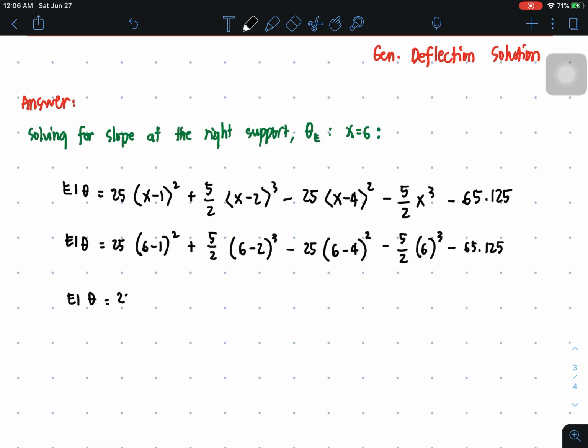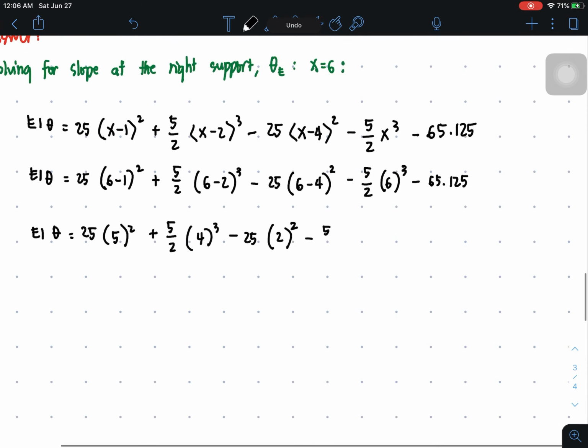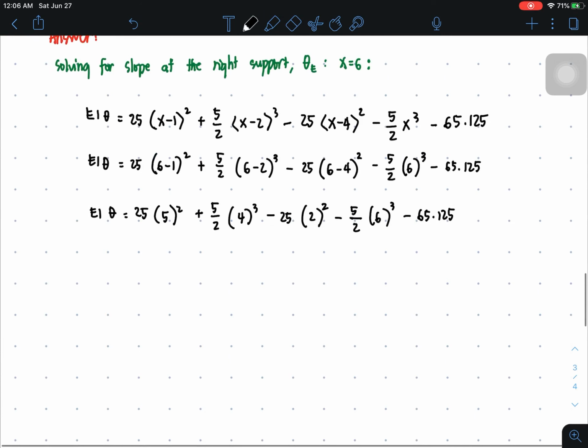And EI theta is equal to 25 times 5 square plus 5 over 2 times 4 cube minus 25 times 2 square minus 5 over 2 times 6 cube minus 65.125.